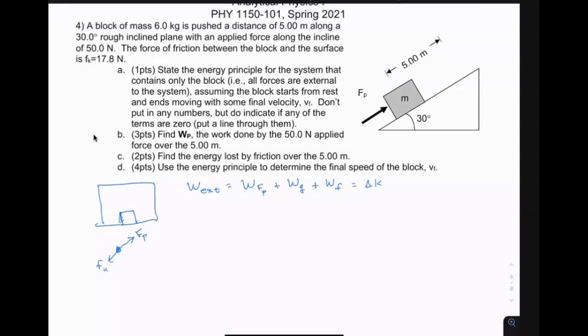We have a normal force which does no work because it's perpendicular to the displacement. And we have also acting down the incline the component of the gravitational force, mg sine theta. And I should say that the normal force is balanced by mg cosine theta.